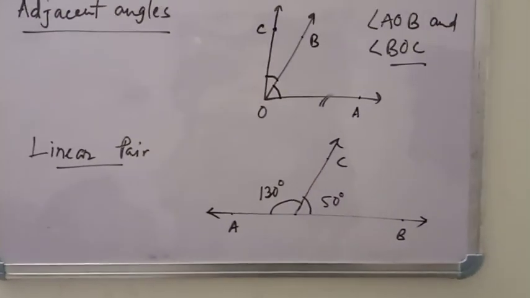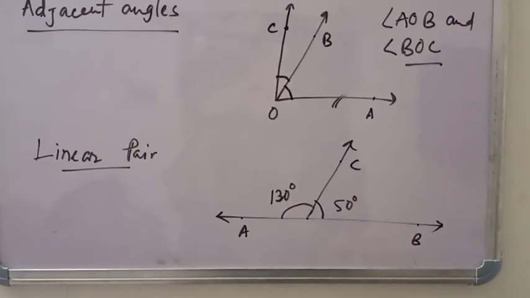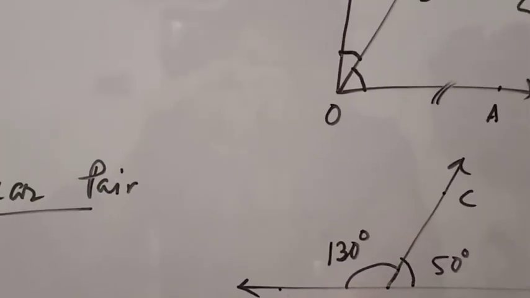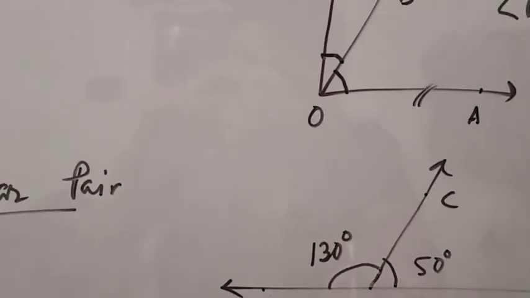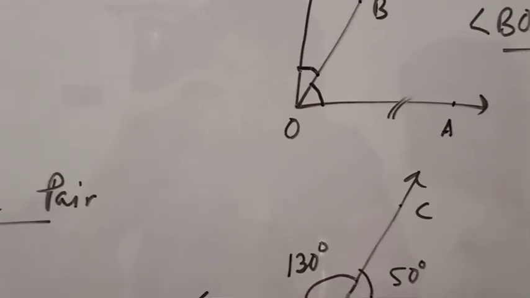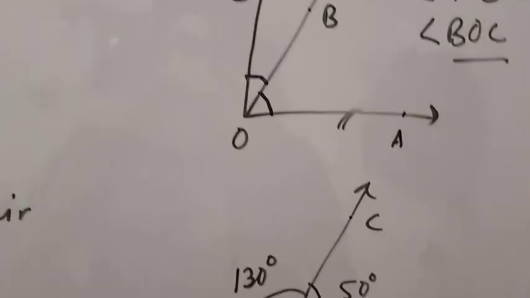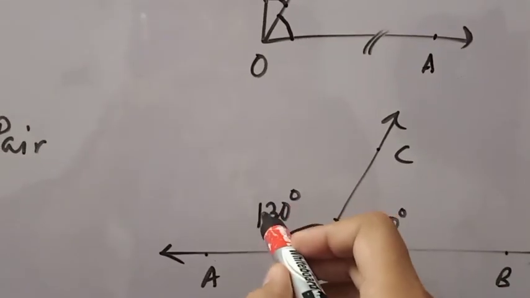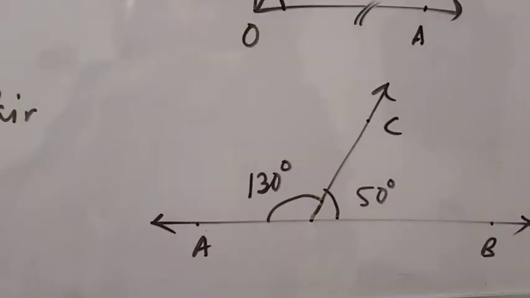Now, linear pair. So what is a linear pair? Two adjacent angles are called a linear pair if the sum of their magnitudes is 180 degrees. See that the addition of these two angles, 130 plus 50, is 180.